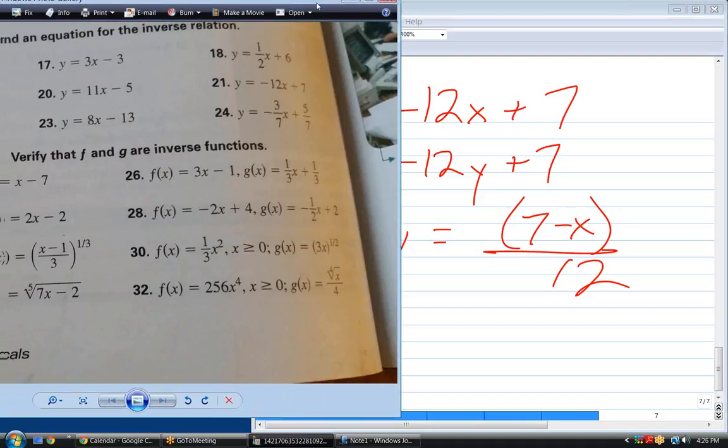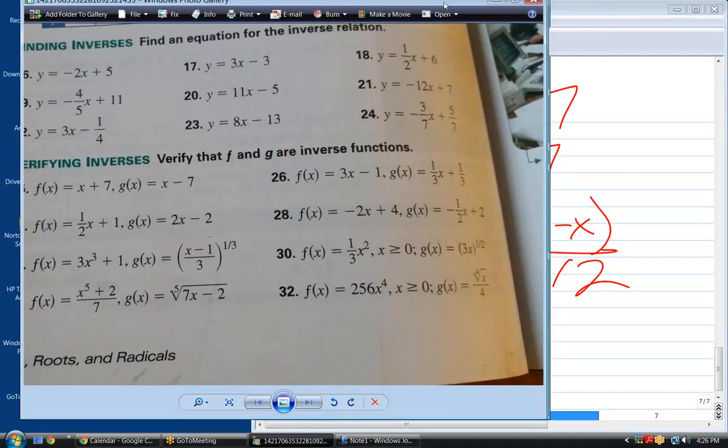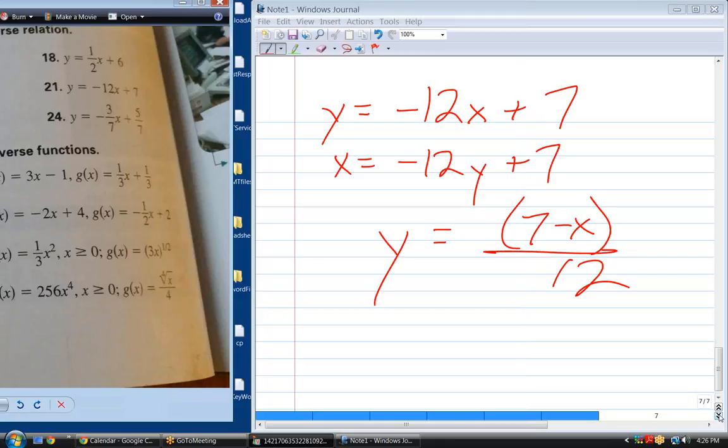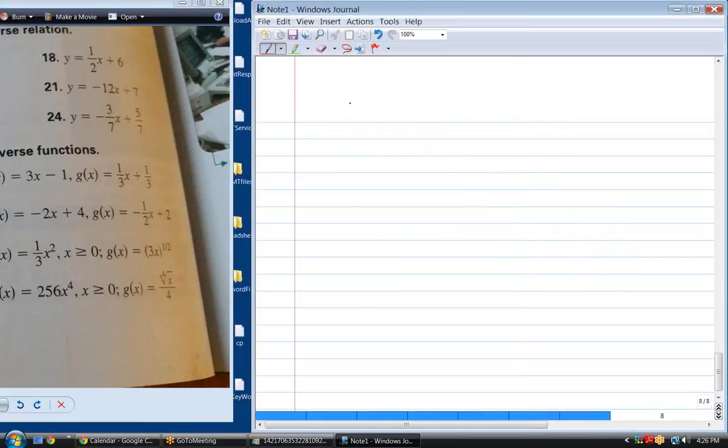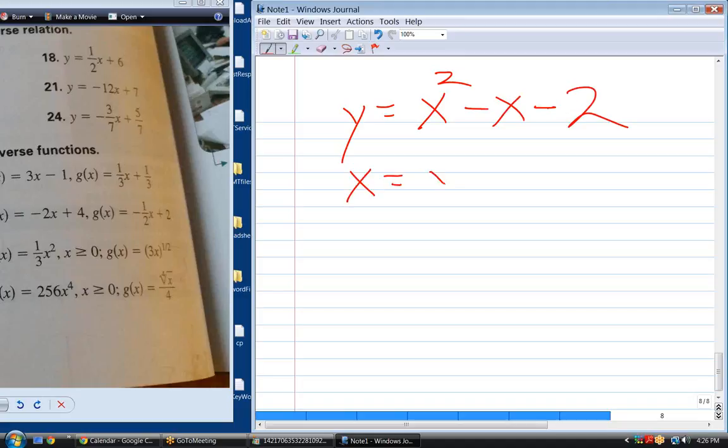All right. Okay, 23 is really easy. Let me give you an example of one that is not so easy. Let's try this one: x equals y squared minus y minus 2.